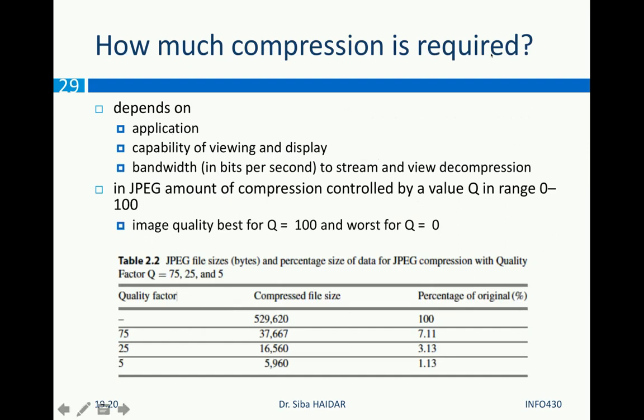How much compression is required? It depends on the application, the capability of viewing and display, and bandwidth. It depends on the application first, because if you are viewing this media from an application on a small smartphone, you don't need it to be high definition because it will not fit on your screen either way.